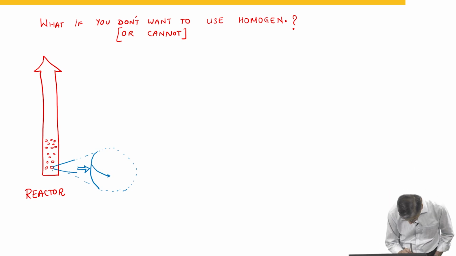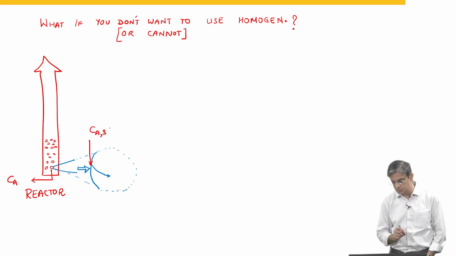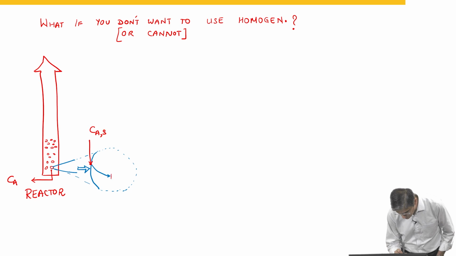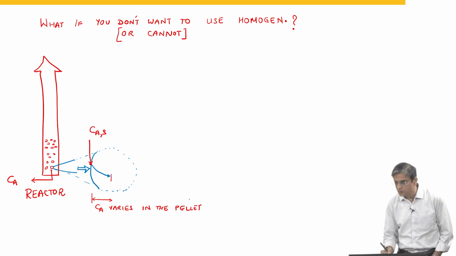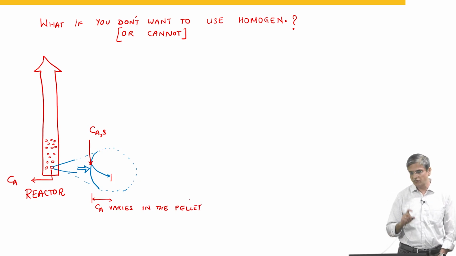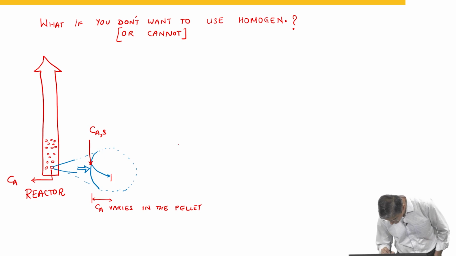So, if the gas phase concentration over here is Ca, the surface concentration is Cas, and within the pellet there is a concentration profile, depending on what level of models you take.